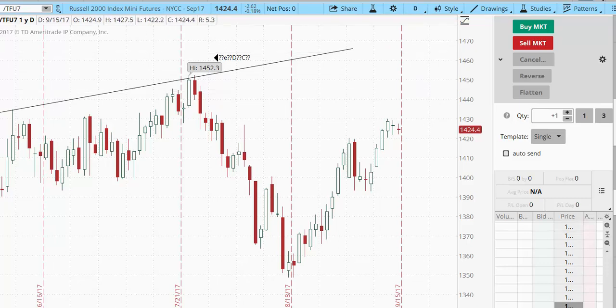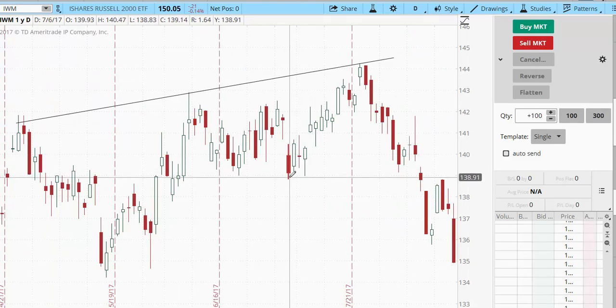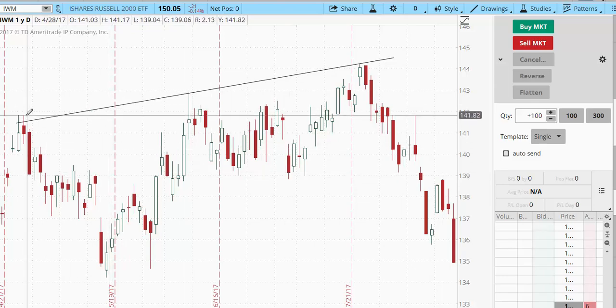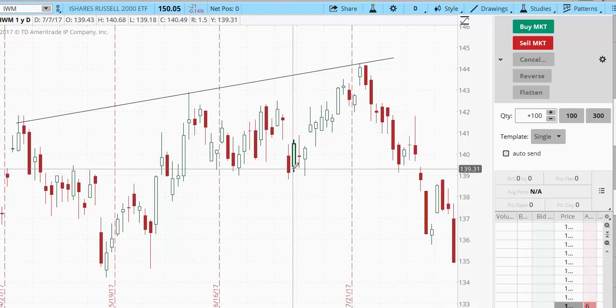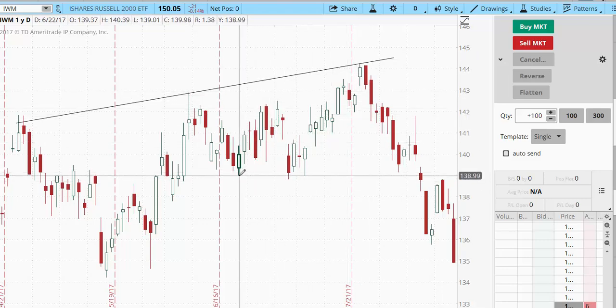Okay. So let's go back to IWM. As I looked, IWM and the Russell are pretty much the same. Only one's a futures contract, one's a stock. But here's your 2P line, okay? And so here you have your 5, 4, 3, 2, 1.